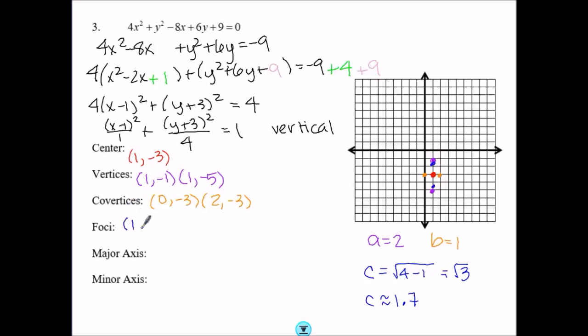So that's (1, -1.3) and (1, -4.7). Then our major axis is 2a, which is 4, and our minor axis is 2b, which is 2. Then we can just go ahead and graph our ellipse.